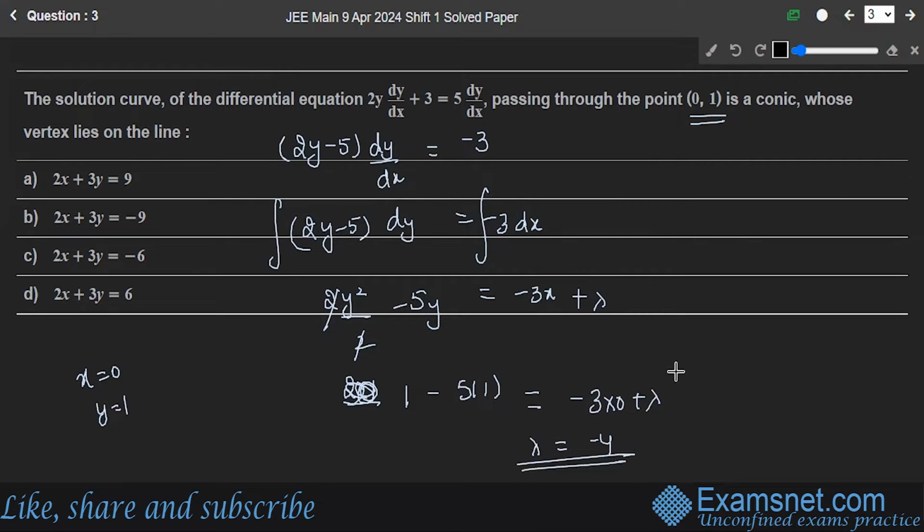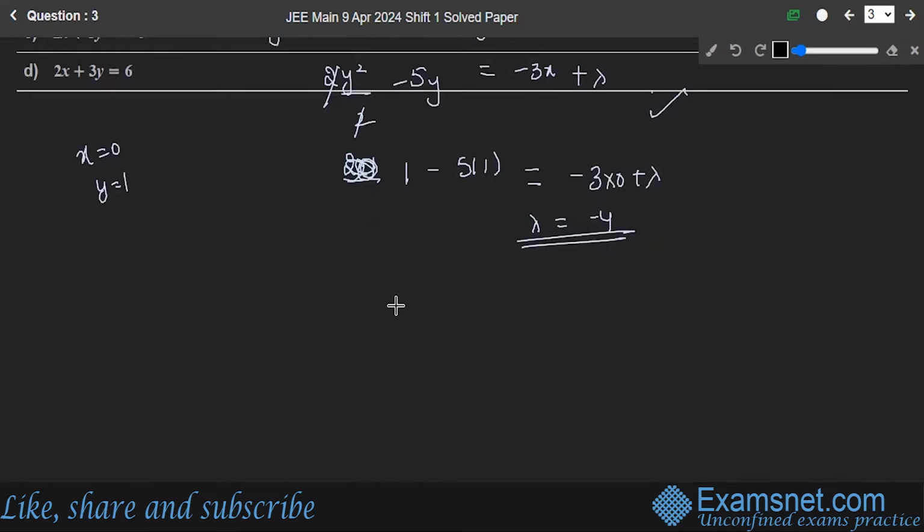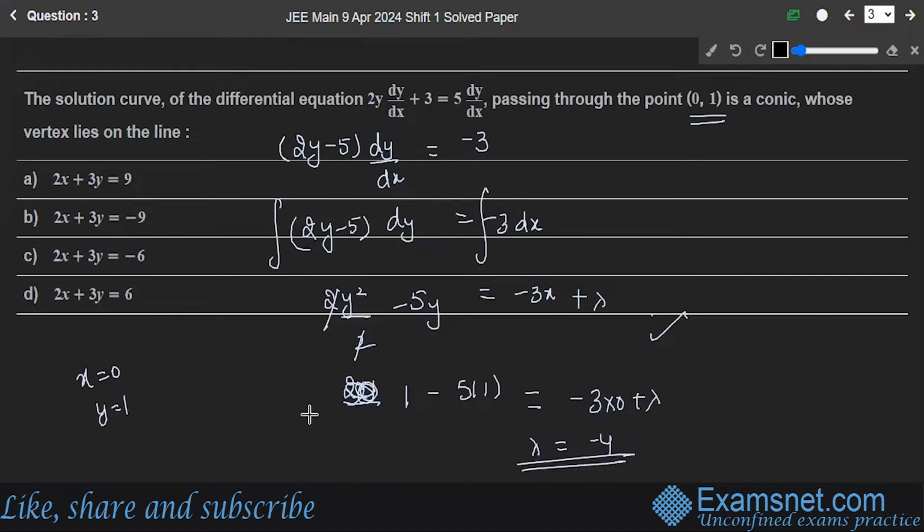So this equation is y squared minus 5y minus 3x minus 4. This is your equation. And what you have to find out here was the solution of this differential equation, which is a conic, whose vertex lies on which line. So let's find out this curve.